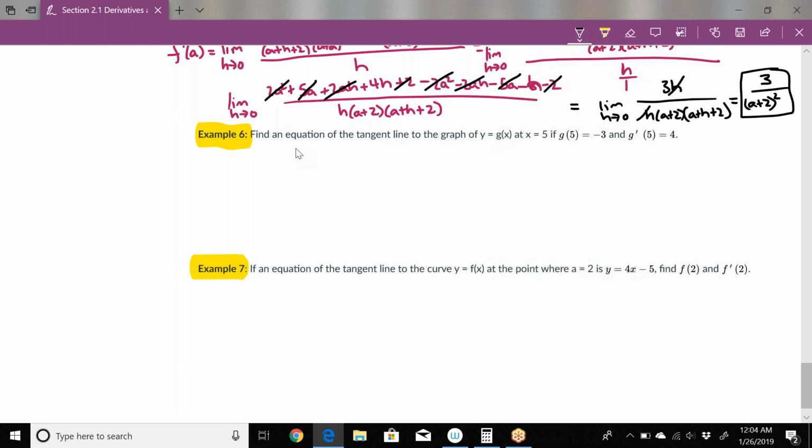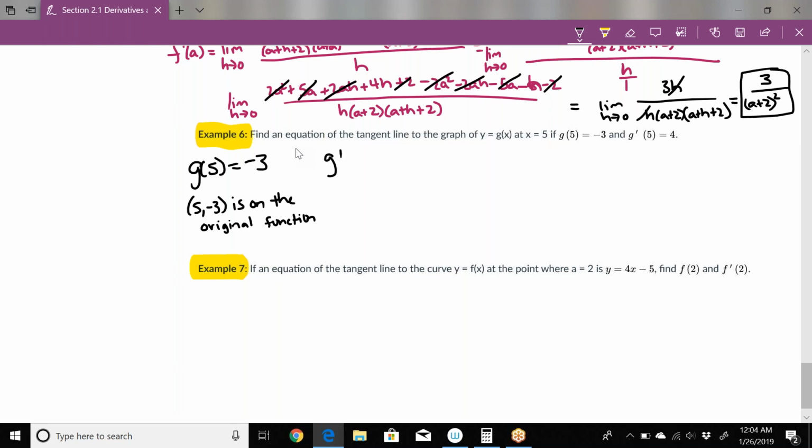So anytime you see g, not g prime, but g of 5 equals a number, that means that the ordered pair 5, negative 3 is on the original function. It's a point. If we had the function in front of us, we could plug in 5 and the answer would be negative 3.